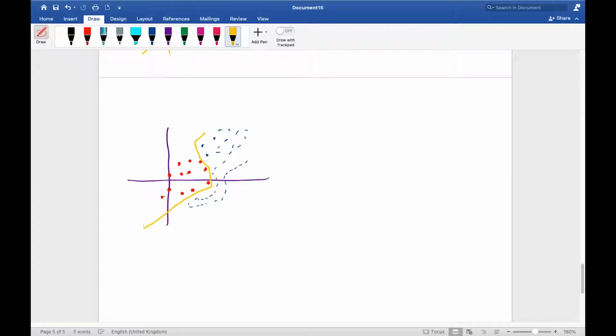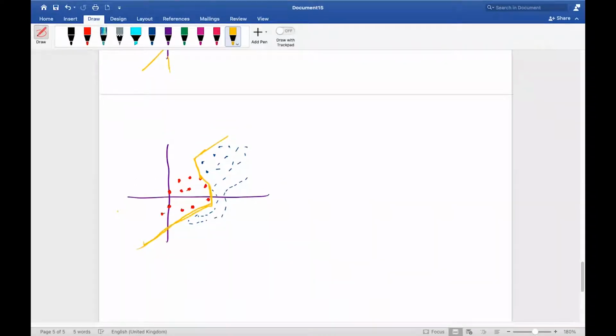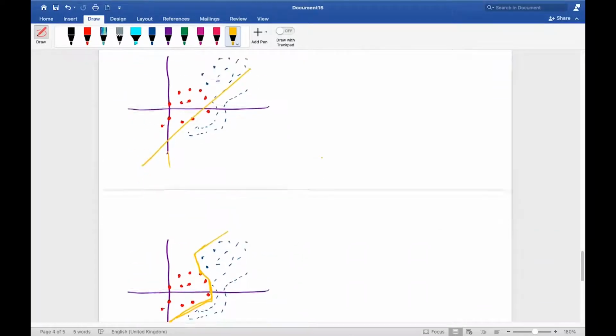So this is another way of separation. All this is basically a point. So which one will you choose? Which separator will you choose and why? Second one, because of the accurate separation.